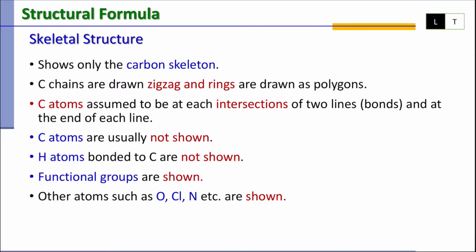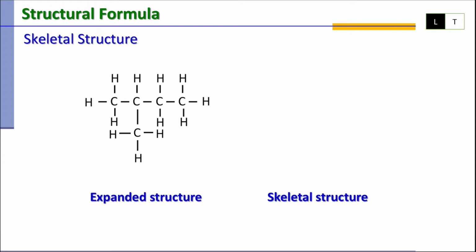So nampak macam banyak benda yang kena follow. So mari kita try tengok example. First example, you can see we have expanded structure for this molecule. What I'm going to draw, I'm going to put the numbering for this molecule. Let's say saya ada 1, 2, 3 and 4, and this is 5. So bila saya bagi numbering, saya akan nampak dengan jelas.